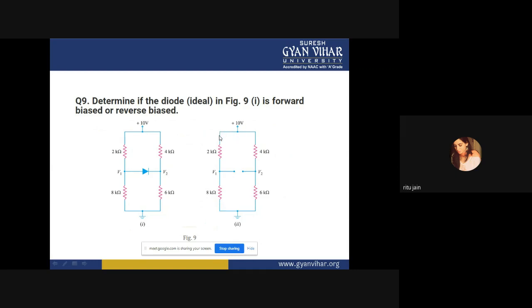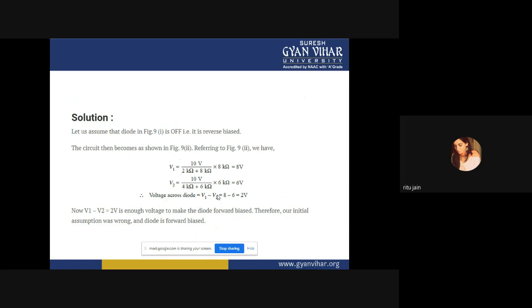The total voltage across these branches is 10 volt. Now you have to find the voltage across this 8 kilo ohm branch. So you can calculate 10 into 8 upon 2 kilo ohm plus 8 kilo ohm, and you will find the voltage is equal to 8 volt.